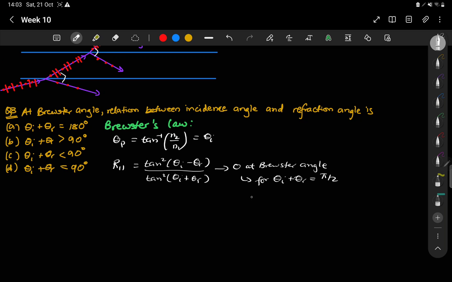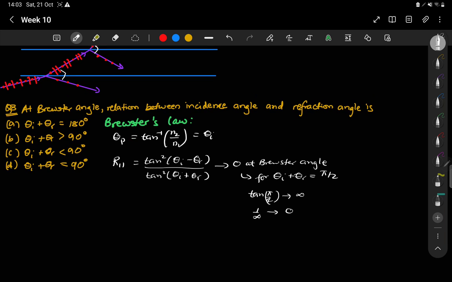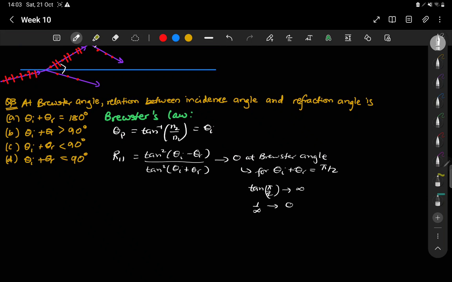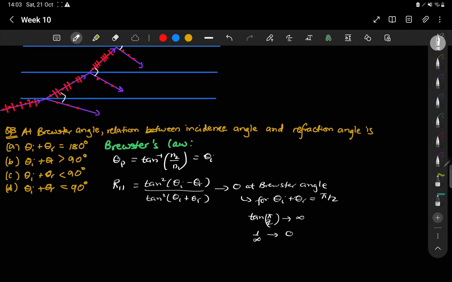Why? Because when theta I plus theta r is pi by 2, tan pi by 2 tends to infinity and 1 over infinity tends to 0. So the parallel component has 0 reflection, which is the situation for Brewster's angle. So theta I plus theta r is equal to 90 degrees. Option D is the correct option.